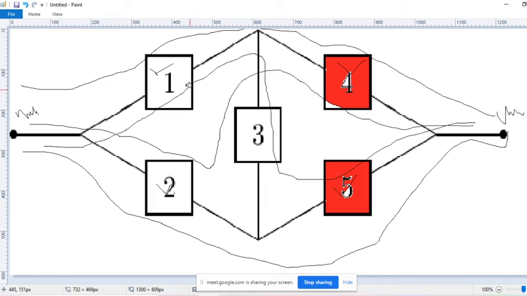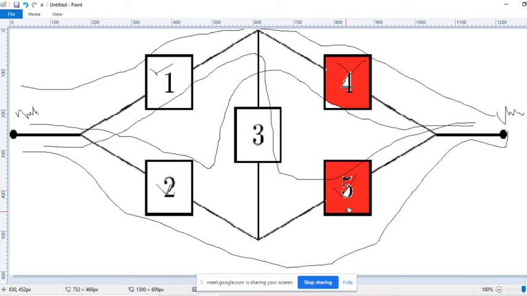So these sets: set 1, 2 and set 1, 3, 5 and 2, 3, 4 and 4, 5. Similarly, we can find other combinations. This type of set is called a cut set of the system.